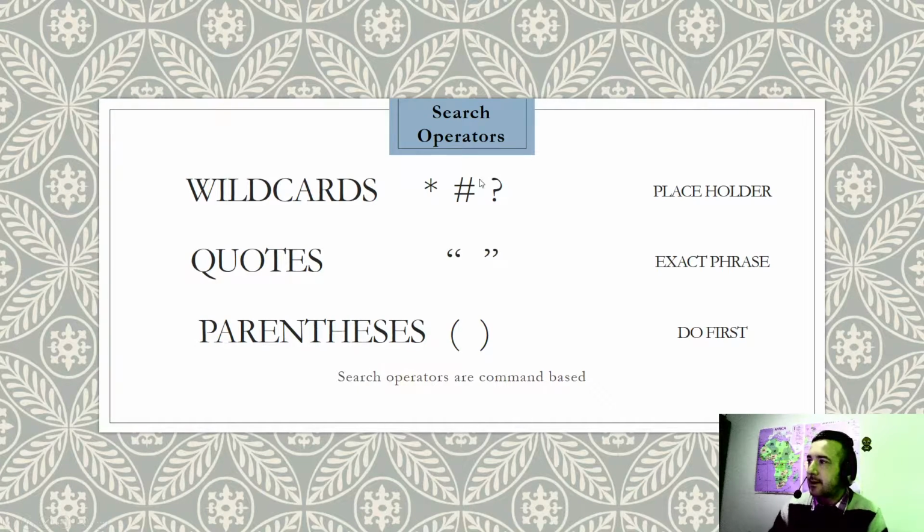So if you put an asterisk into a search, it will not look for an asterisk unless you put quotes around it or something. Same thing with a pound sign, same thing with a question mark. If you put something in quotes, it's not going to look for the quotes. If you put something in parentheses, it's not going to look for the parentheses.